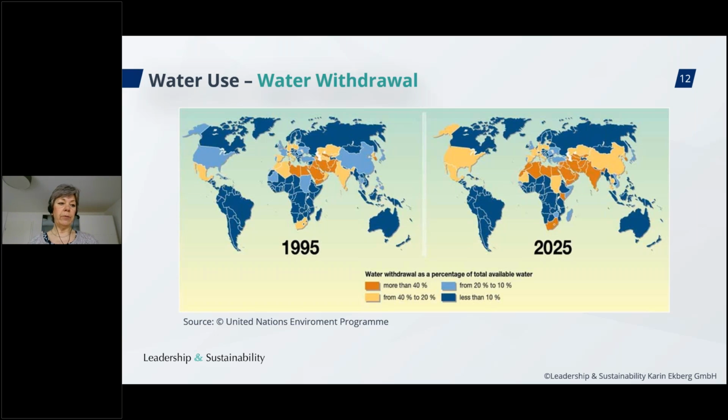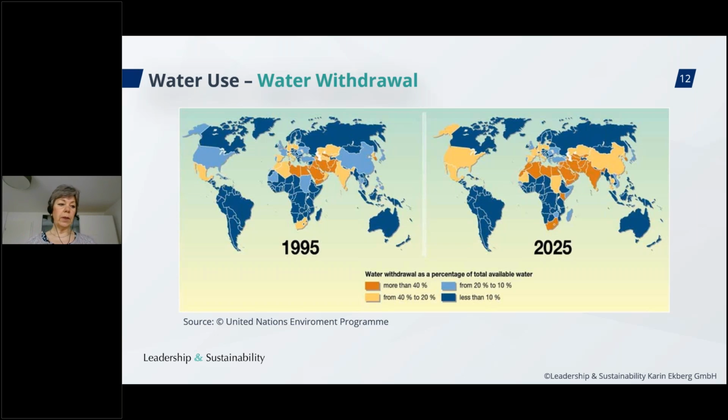So this is a map from the United Nations Environment Programme, and it shows the percentage of all available water that is actually used for 1995, and then we have an outlook for 2025.